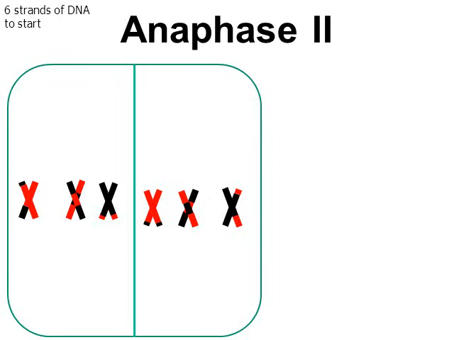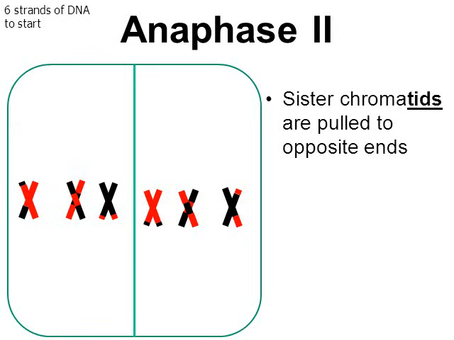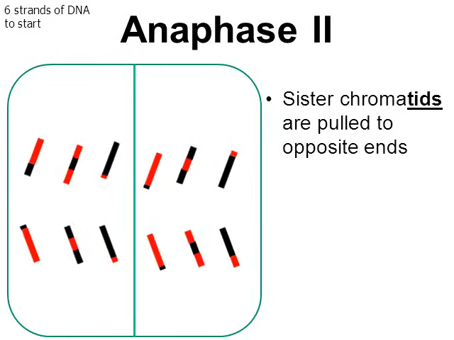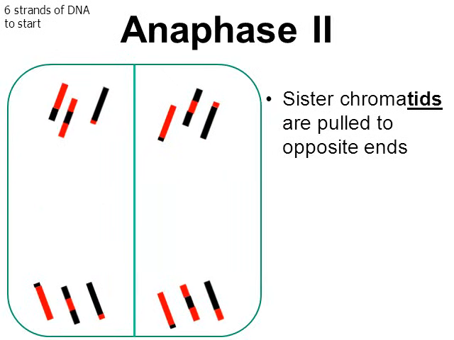So now as we look at anaphase number 2, the chromosomes are going to be ripped apart. One chromatid is pulled to the top of the cell, while the other chromatid is pulled to the bottom of the cell. Remember that one chromosome is made from what are called sister chromatids. And so that's what happens during anaphase number 2, is the sister chromatids are pulled to opposite ends of the cell.